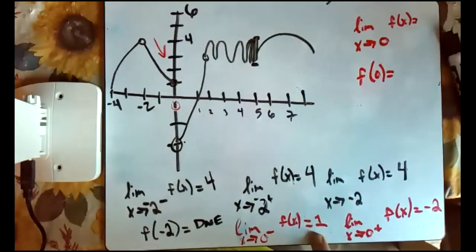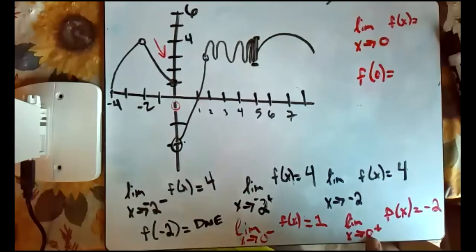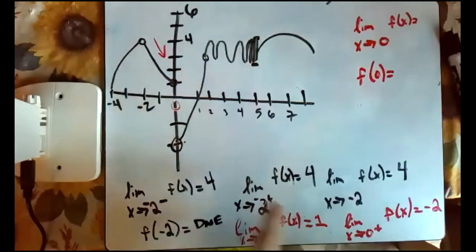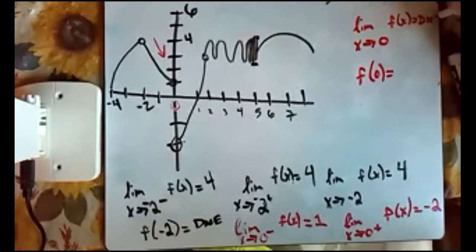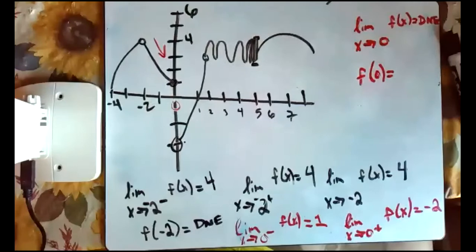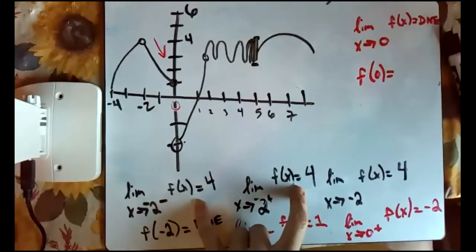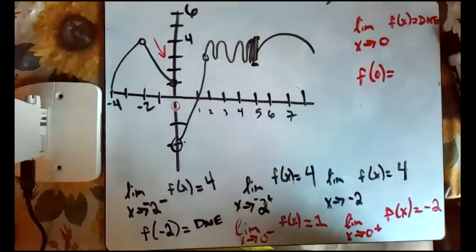No, because when we approach 0 from the left, we got y equals 1. And then when we approach 0 from the right side, we got y equals -2. And because those two are not equal, the limit as x approaches 0 does not exist. Remember, it existed for the -2. Why? Because we got 4 when we approached -2 from the left and the right-hand side.